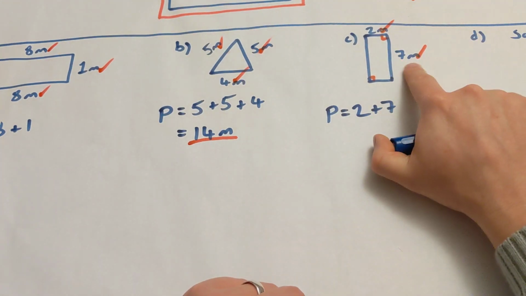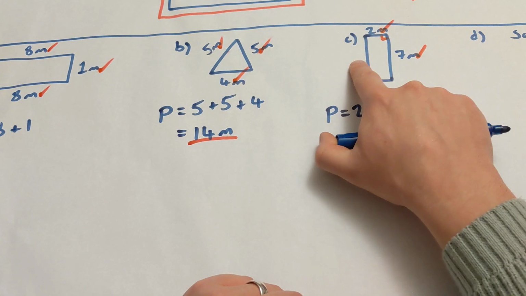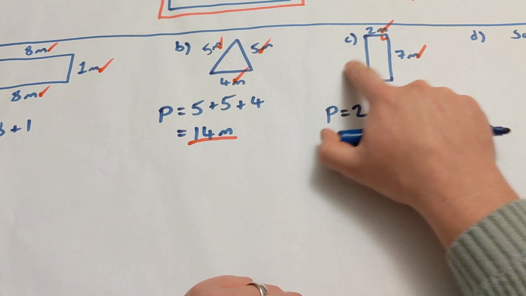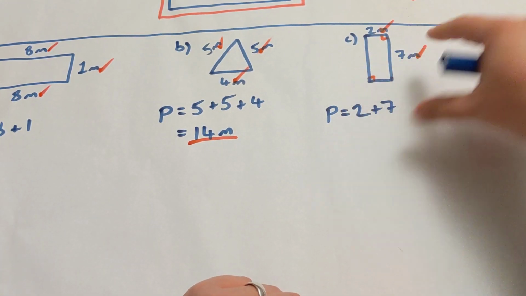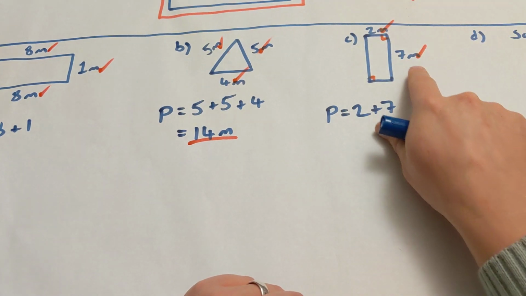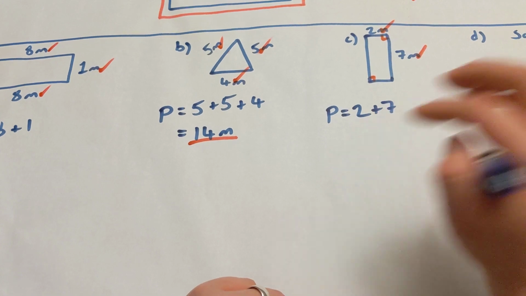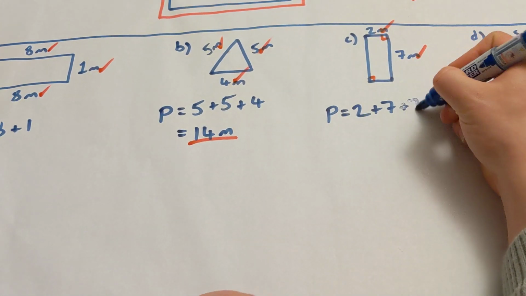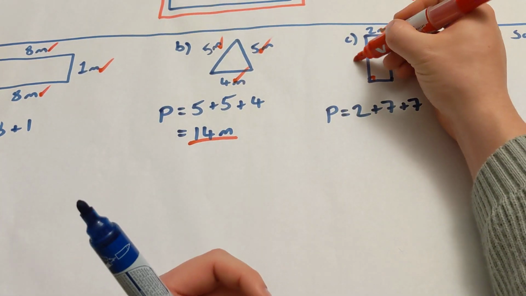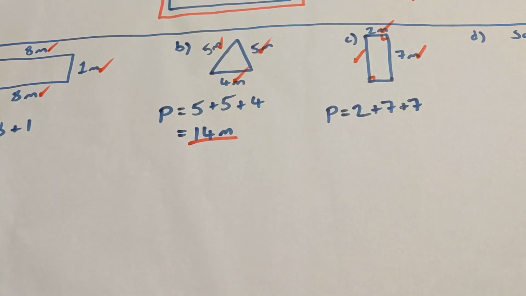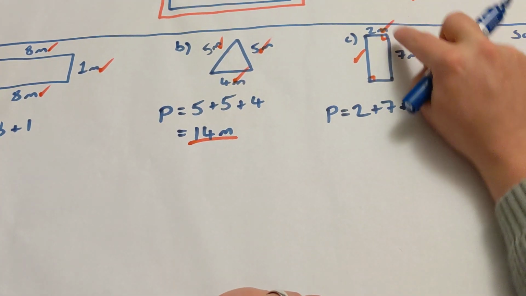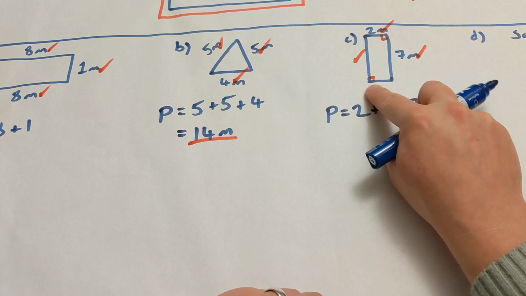So if this side is 7 here, what does this side have to be? Well, it has to be the same, doesn't it, for this shape to make sense? So if this side is 7, this side also has to be 7. So let's add in another 7, and that's that side dealt with. If this side is 2, this side also needs to be 2.